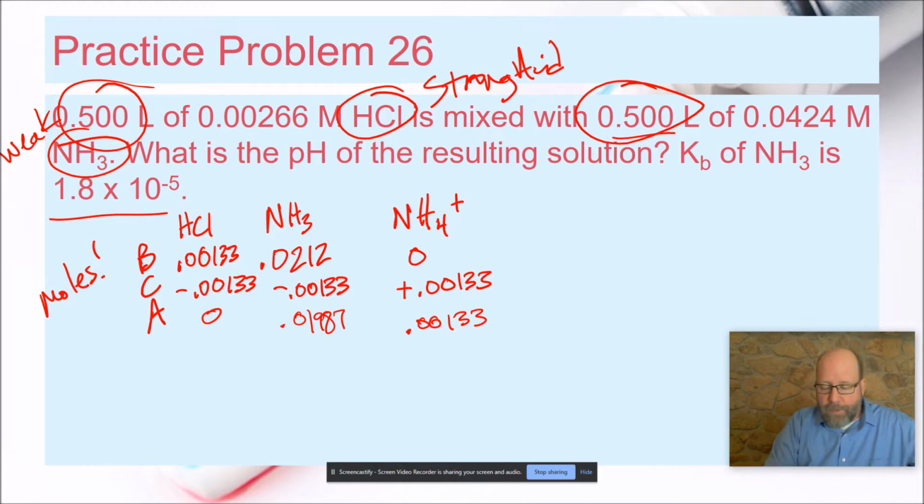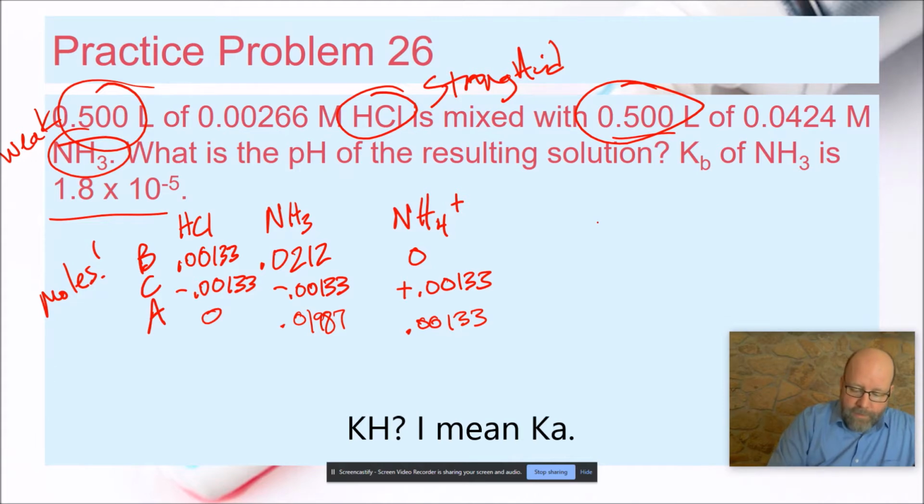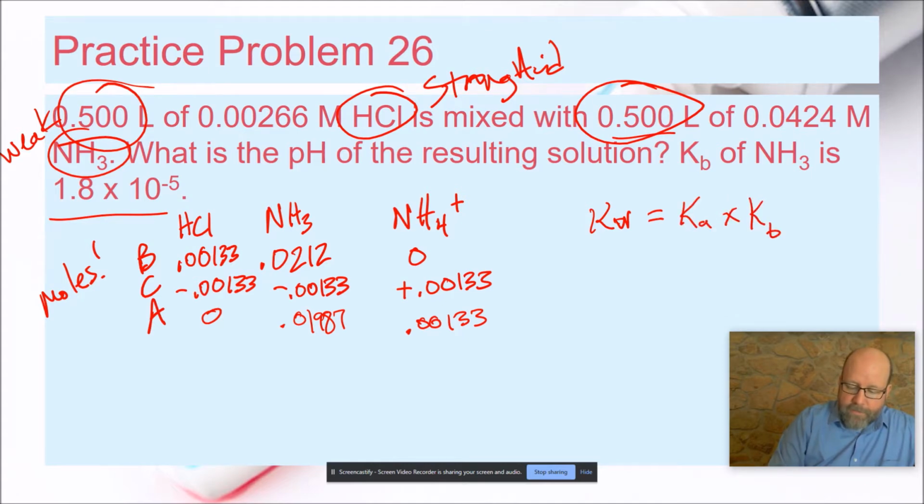So we have Kb of NH3. We can turn that into Ka of NH4+, right? Remember, you can do this thing, Kw equals Ka times Kb. And so that means that we can take Kw over Kb, and that'll give us Ka. And Kw, of course, is 1 times 10 to the negative 14th.